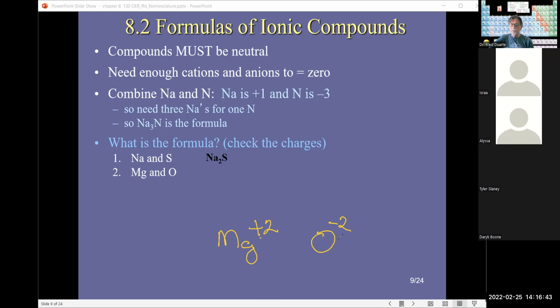I've got a +2 and a -2. I can put them together as a 1-to-1 ratio. So it's just simply MgO. So the name is magnesium oxide. Up here was sodium sulfide. So sodium sulfide, and this one becomes magnesium oxide.